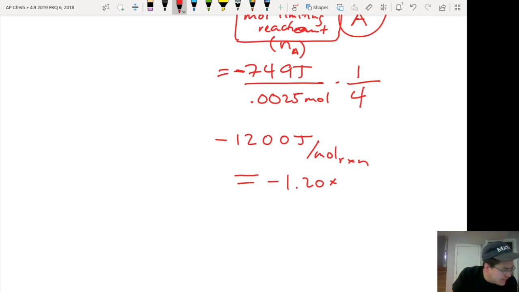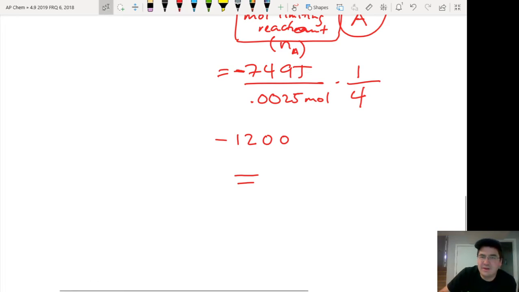Times, what do I get? 10 to the... okay, I can't read. That comes out much bigger. 1.20. I've got to calculate it before I forget. Let me pull up my calculator. It comes out big.